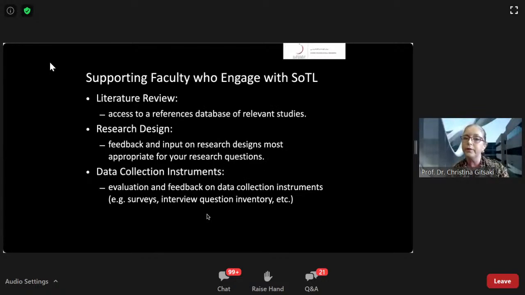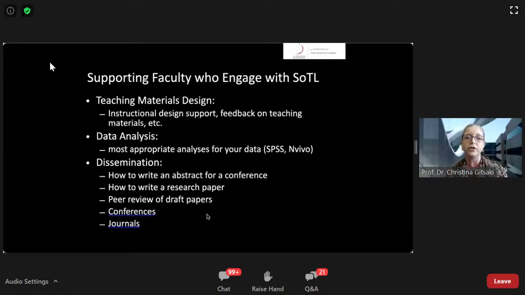As a center, we also provide support with literature review, because remember, with SOTL, a key component is dissemination. So we want to support the faculty in publishing the interventions that they do, and after they have researched the impact of their interventions. So we help them with putting together literature review, as I said, helping them design the interventions, the data collection instruments, the teaching materials.